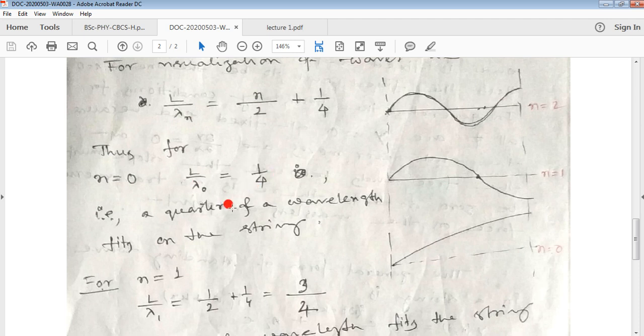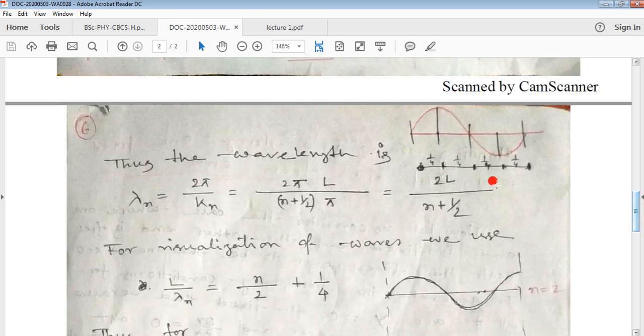It means a quarter of a wavelength fits on the string. That is, we can accommodate 1 by 4 of the total wavelength of the standing wave in the string. So quarter means, firstly we visualize here, this is a complete wavelength. If we divide this wavelength into 4 parts, this is first quarter, second quarter, third quarter, fourth quarter.